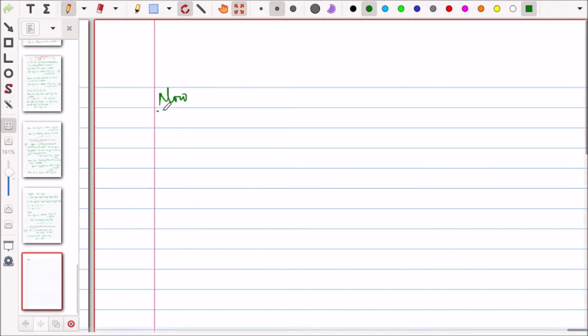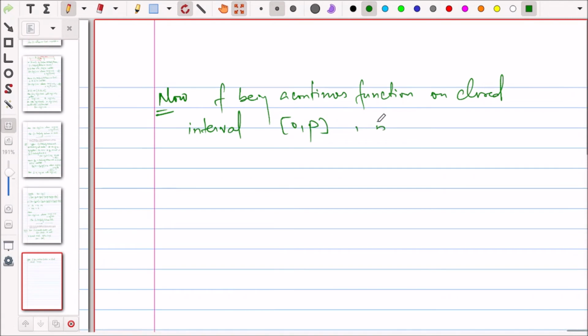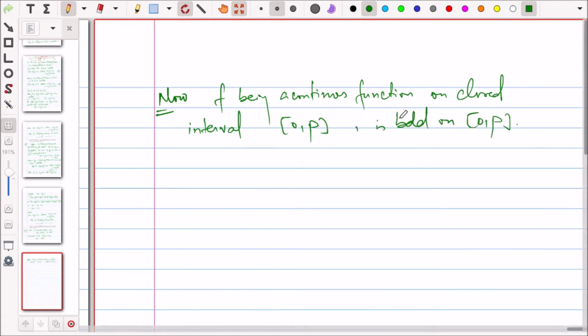Now f being a continuous function on the closed interval 0 to p is bounded on 0 to p. We have used the result that every continuous function defined on a closed and bounded interval is bounded.